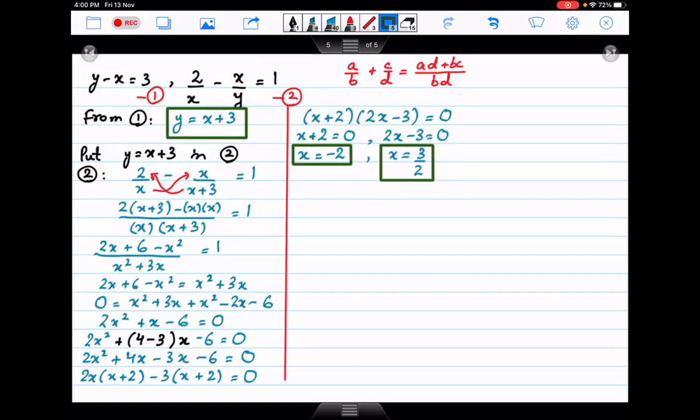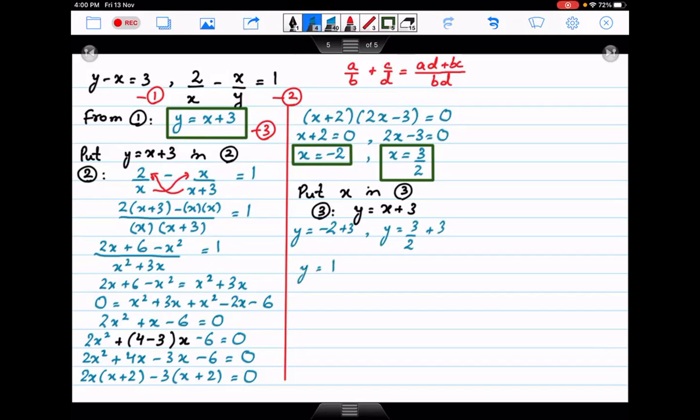Okay, so now we have the values of x, and we had the equation 3. So now we can put x in equation 3, where equation 3 is y is equals to x plus 3. So obviously we will be getting two values, one for minus 2 and one for 3 upon 2.